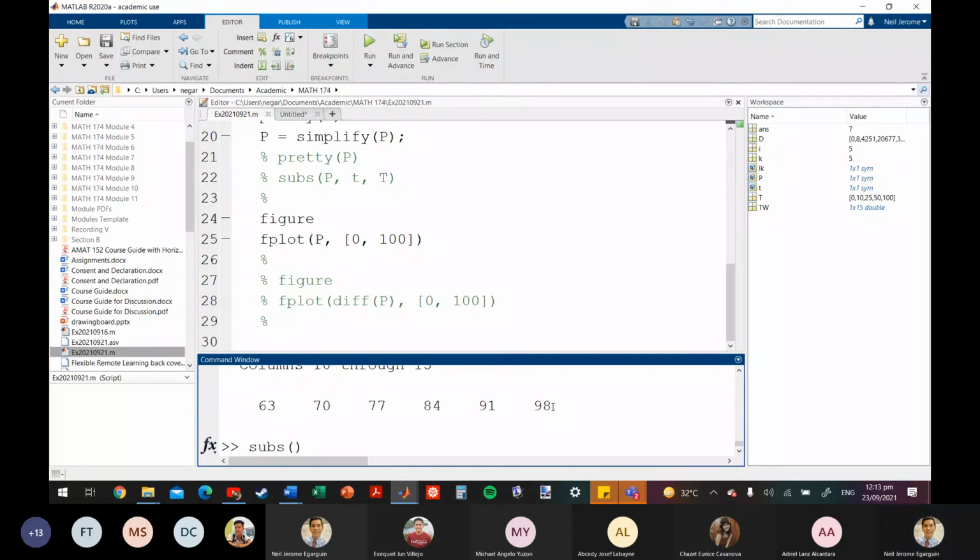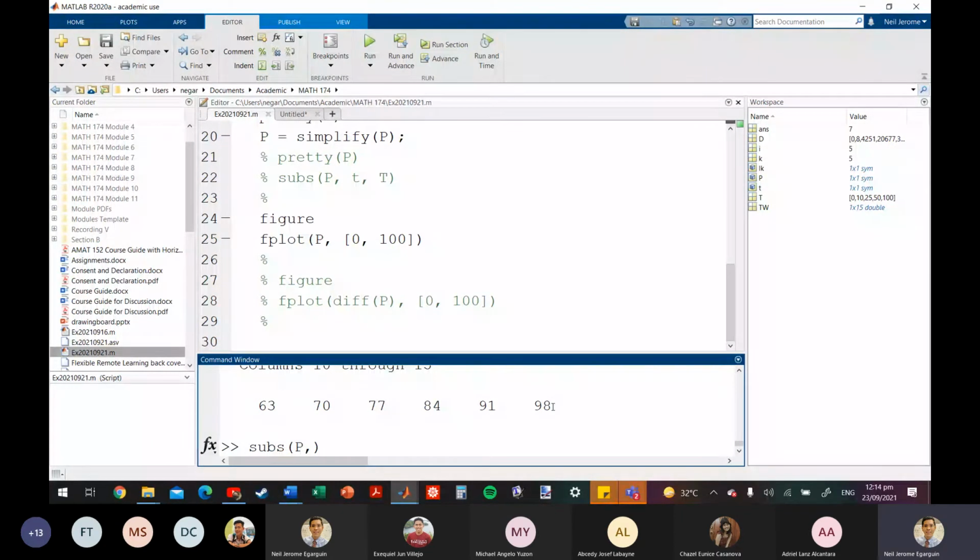Okay. Tapos ang variable would be the second argument. Ano yung gusto nating palitan na variable? Saan natin gusto mag-substitute? Since the polynomial p has the symbolic t in it, and you want to replace t by the values in the vector tw, lalagay ko lang dito yung variable t.